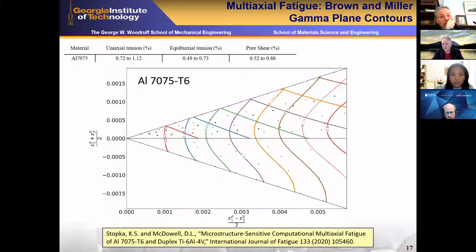So with a relatively low number of computations, we can map out the gamma plane, right? This is valuable because if we then have an experimental correlation for a given condition, we're able to assert the multi-axial fatigue criteria for a given microstructure, not just for a class of materials like aluminum alloys, et cetera, but for a specific type of aluminum alloy or titanium alloy.